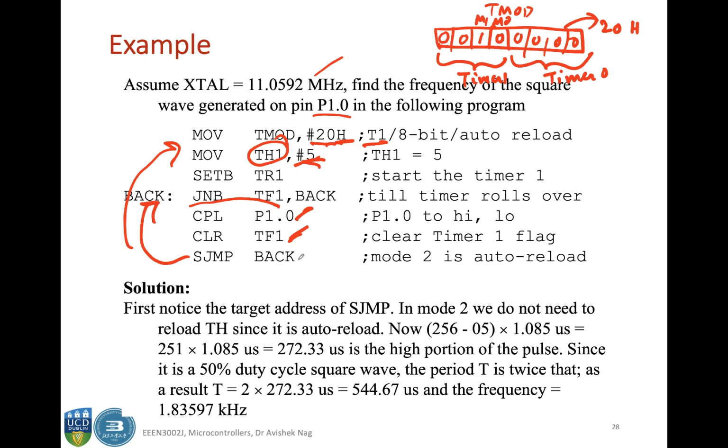So this number stays forever in TH1 as long as you are using this timer. The only thing is that when TF1 sets to 1 because of rolling over, you have to clear TF1 and then return back to this line.